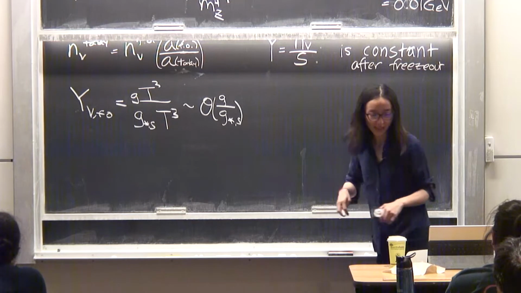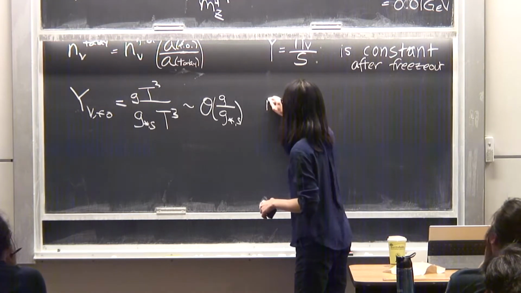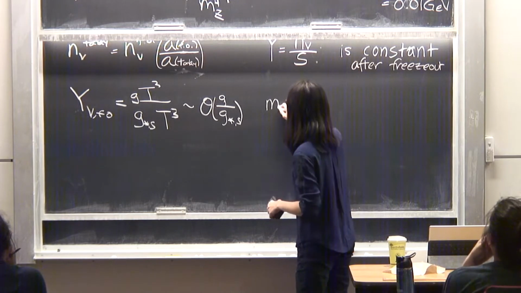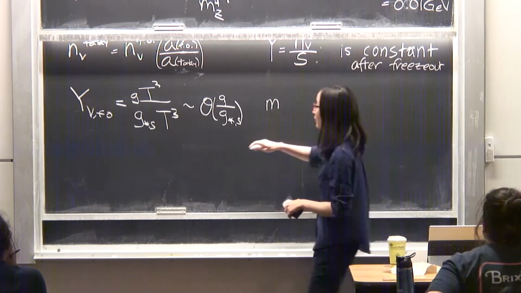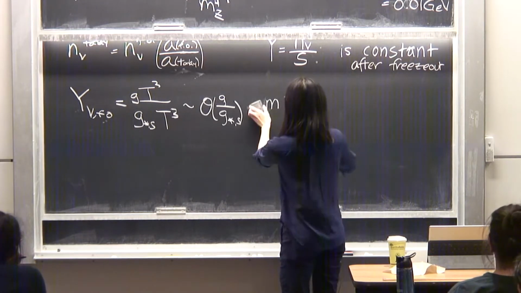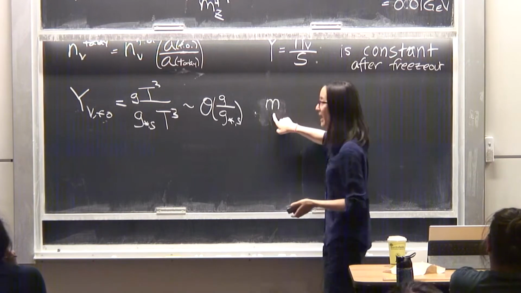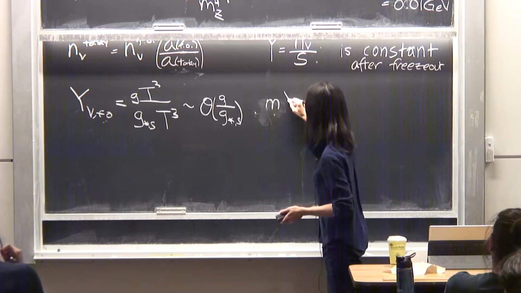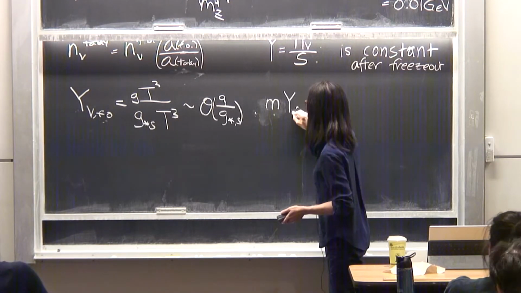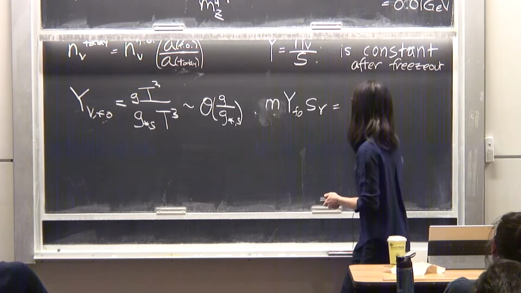Now, to get the energy density today, we take this quantity, the number density, and multiply it by the mass to get an energy density, and then multiply it by the entropy density today.